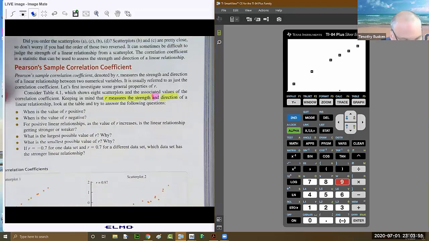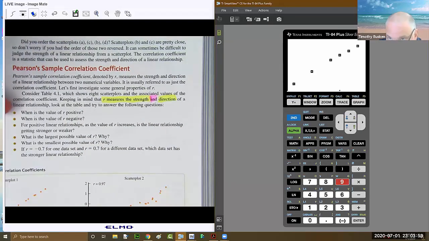When is the value of r positive? When is it negative? For positive linear relationships, as the value of r increases, is the linear relationship getting stronger or weaker? And what is the largest possible value of r and why?